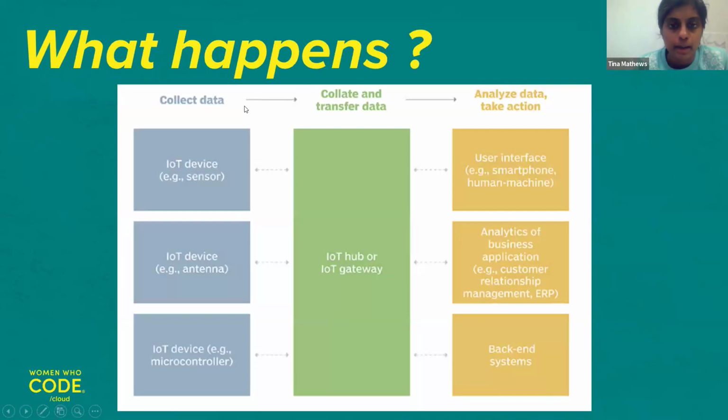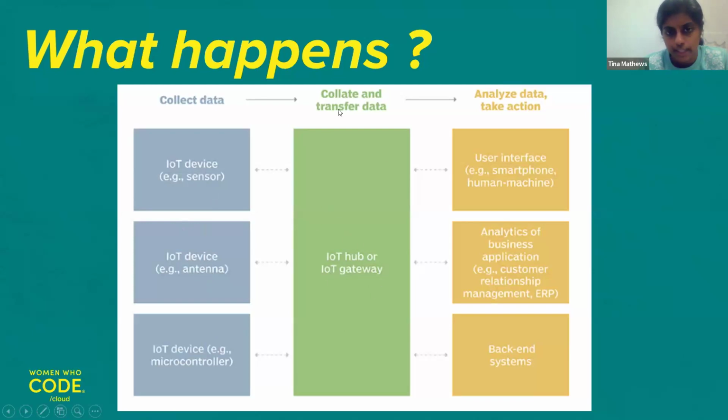So what exactly happens? What happens is that data is collected. Data is the most important thing over here. We take it across from devices to the user interface. We have various devices, which are the physical things of the Internet of Devices. It might be a sensor or an antenna or a microcontroller.